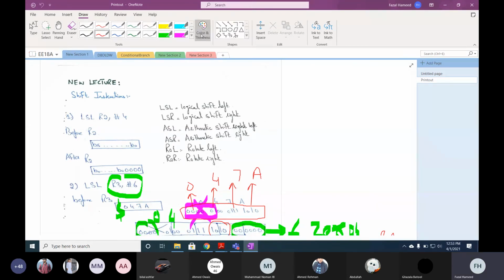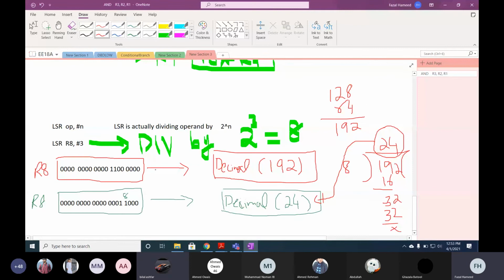What is the difference between the logical shifts and the arithmetic shifts? Sir, arithmetic shift will be like counting. Like how we count 1, 2, 3, the shift will be like counting. No, not like that.